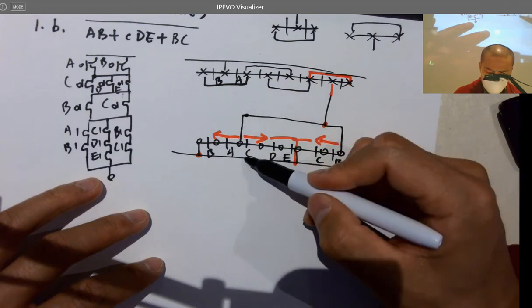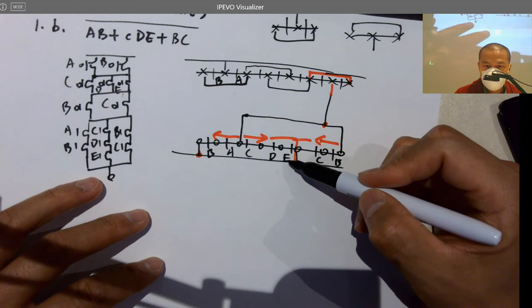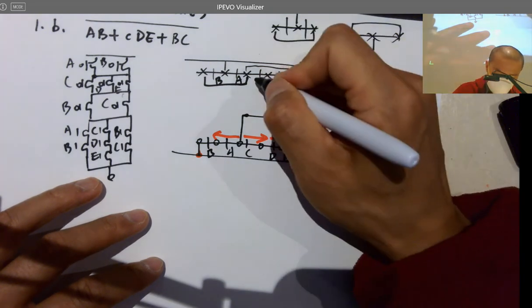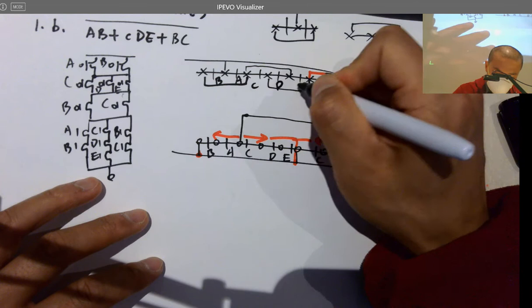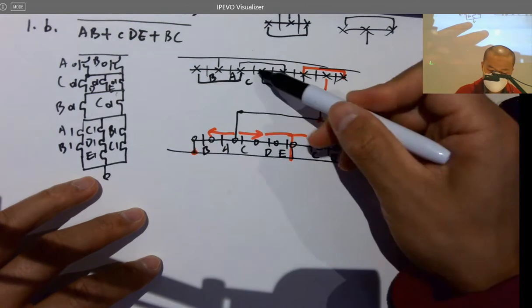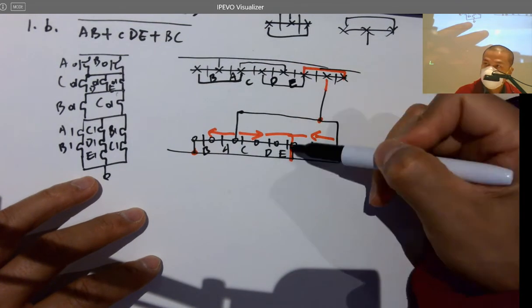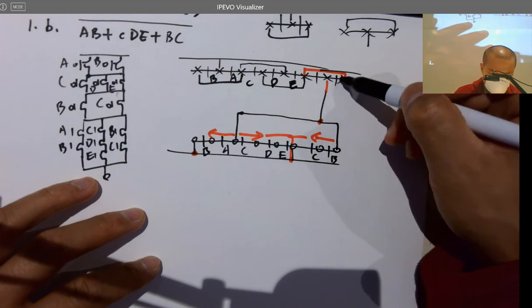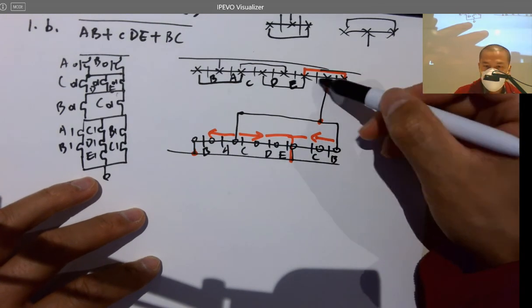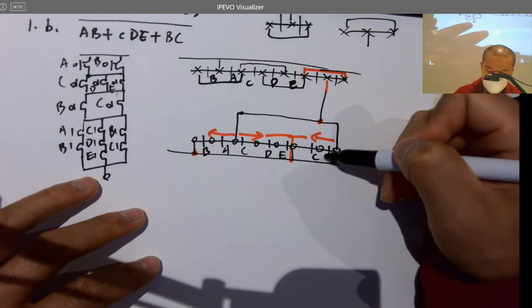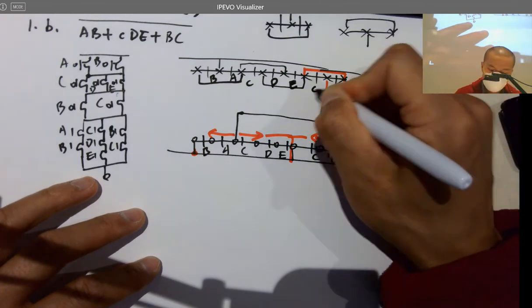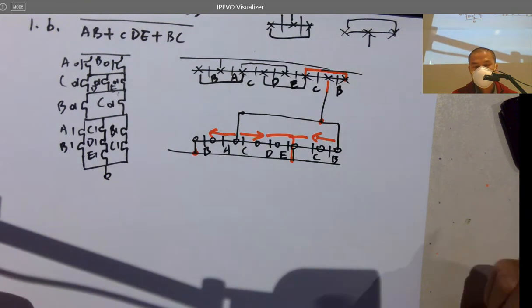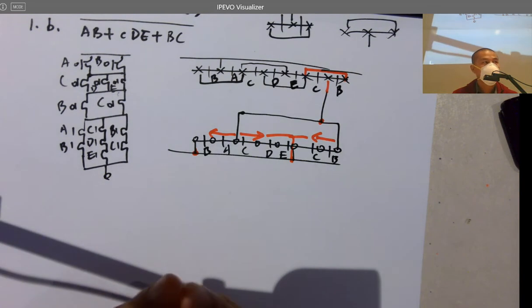But because the 3 transistors at the bottom are in series like this, I prefer this to be C, this to be D, this to be E. So I can directly short them, right? All the gates. For these two, they are in parallel, so it doesn't matter which one is which. But here it matters, so I prefer this to be B, this to be C. Does that make sense? Any questions?